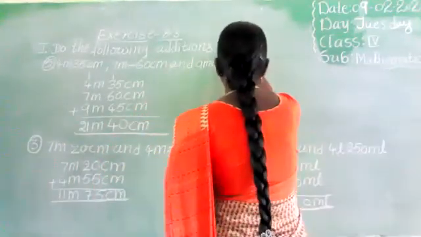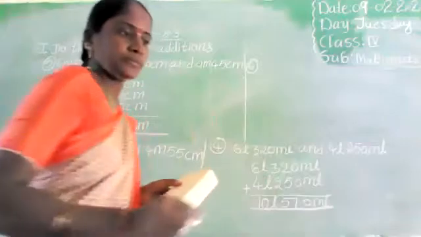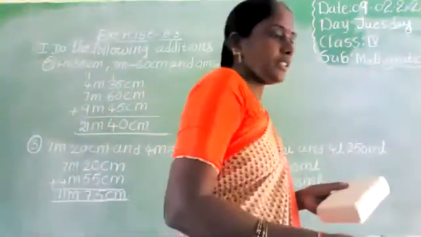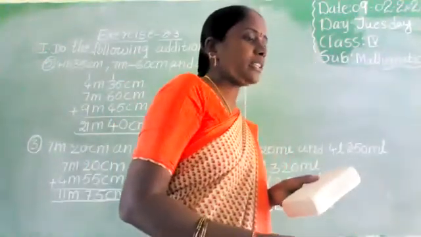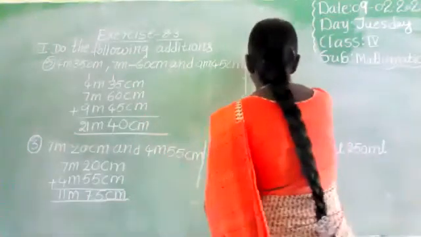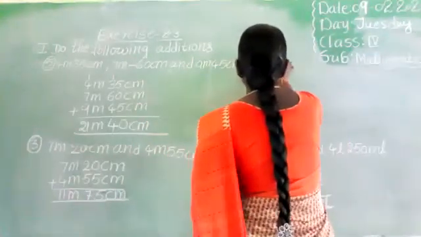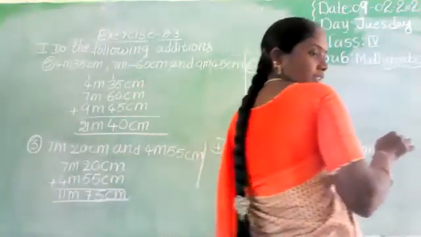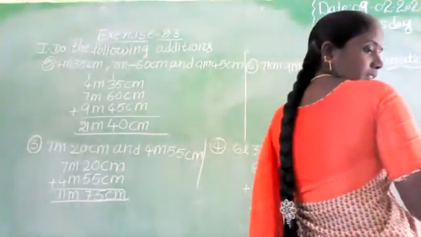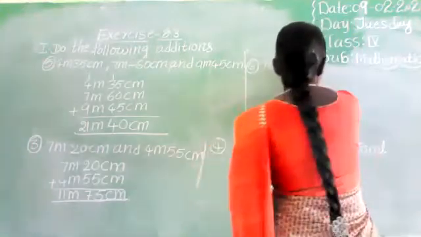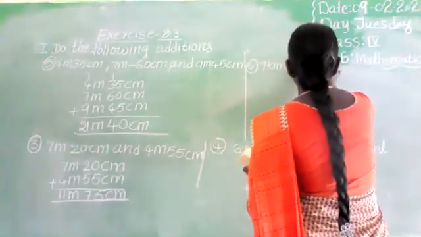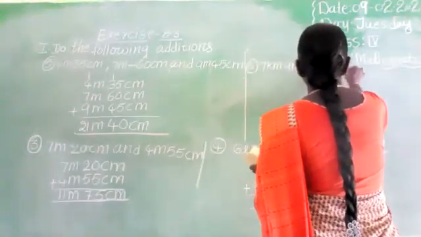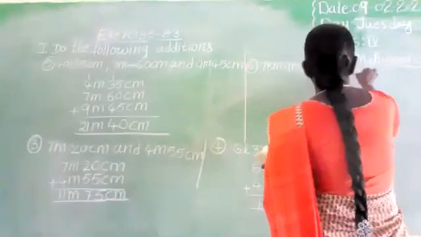Okay, next, the 6th one. What is the 6th one? 7 kilometers, 9 meters. See, children, 7 kilometers, 9 meters. And 4 kilometers, 340 meters.